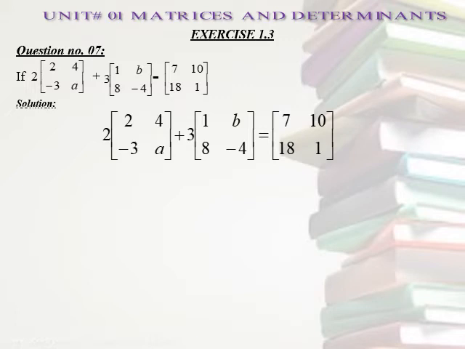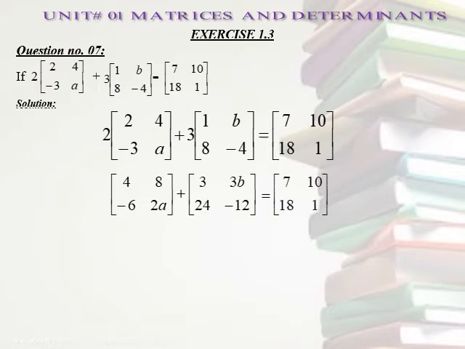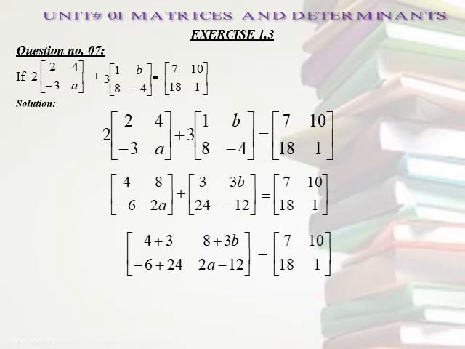Now, first of all, I'll multiply 2 with each entry of the matrix, then plus sign, and then I'll multiply 3 with each entry of the matrix, then equal sign, and then I'll write above matrix as it is. Now in this step, I have to add the entries of the first matrix to the corresponding entries of the second matrix, then equal sign, and then above matrix as it is.